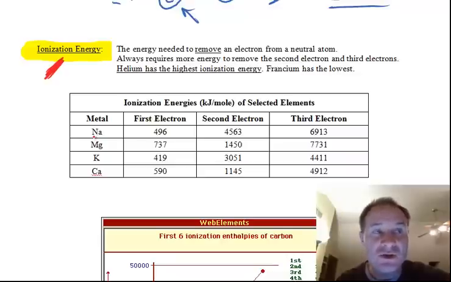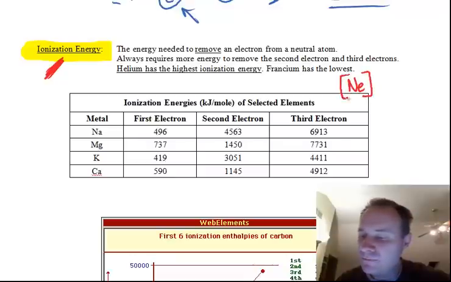Magnesium has 2 valence electrons. It's in group 2A. So in the shortcut form, magnesium would be neon 3s2.